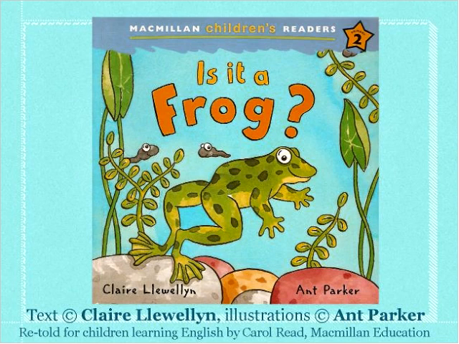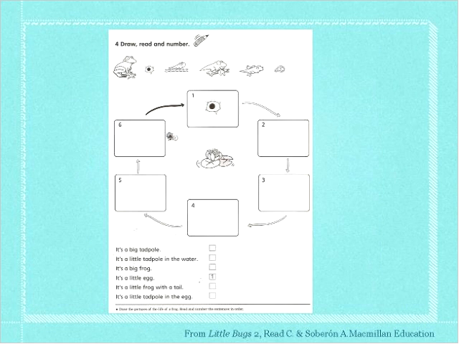But of course, what we're doing here is teaching language, but we are also teaching the science concepts. And here, for example, is a little activity sheet that the children can do recording the life cycle of the frog.